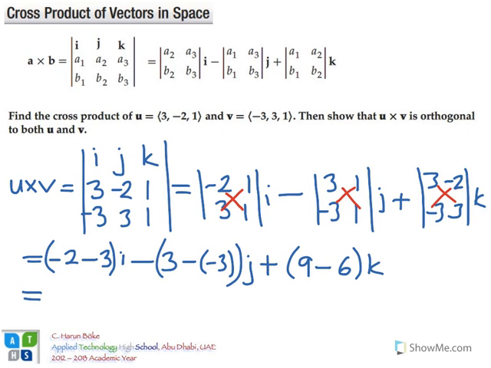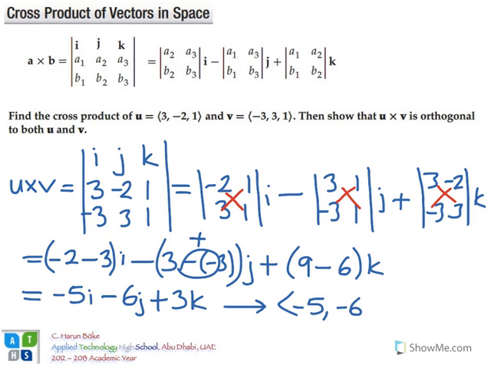When you simplify, you will get minus 5i minus, let's say this is plus, 3 plus 3 is 6, so it will be 6j plus 3k. So this gives us the components minus 5, minus 6, 3.